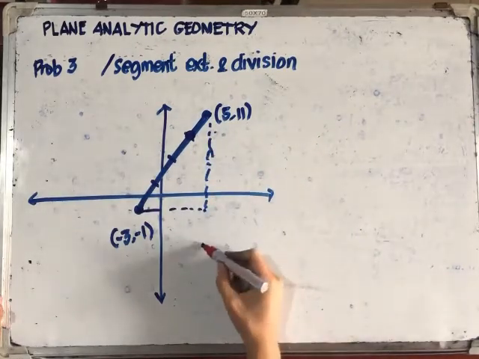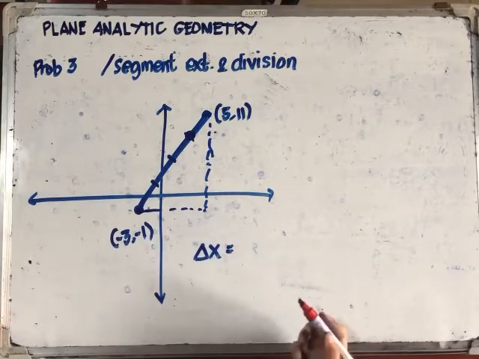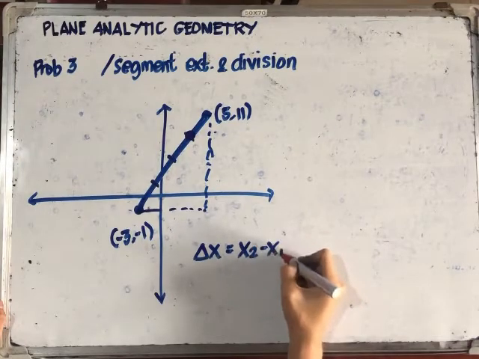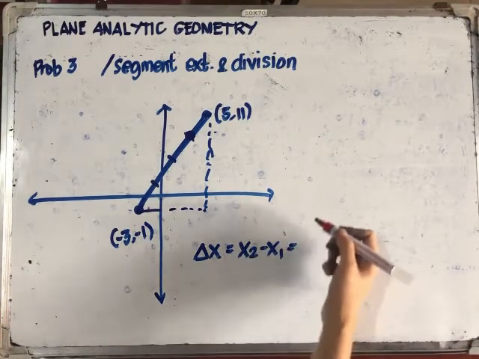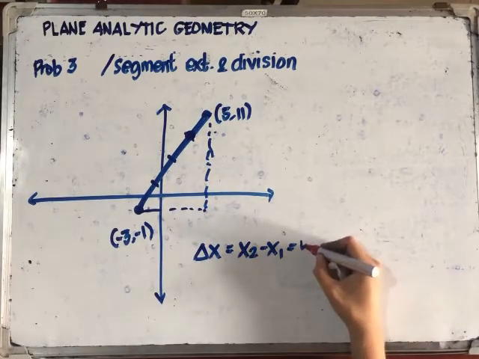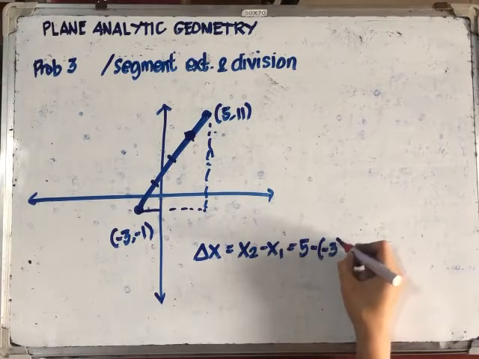Okay, how do we get the change in x? What do we have? x2 minus x1. So that if this is our x2 and this is our x1, what we have here is 5 minus negative 3.